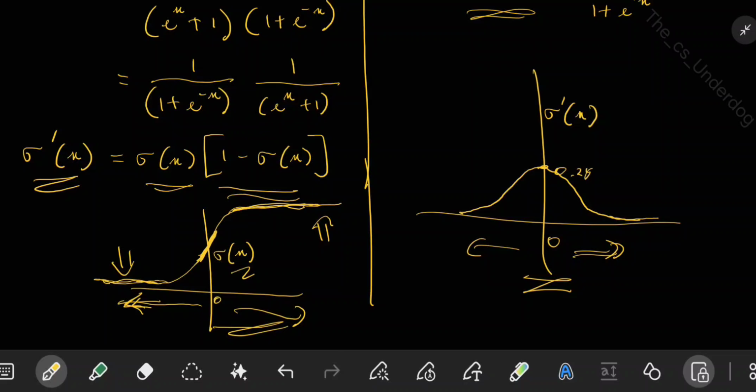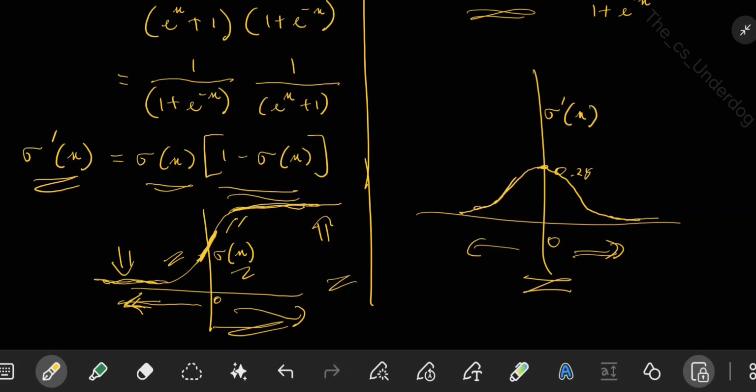Okay. So the point to understand here is that the steepness is identical on both sides, be it the positive side or the negative side. So the learning strength of your model depends on how large the input is on either side; it does not depend on the direction.